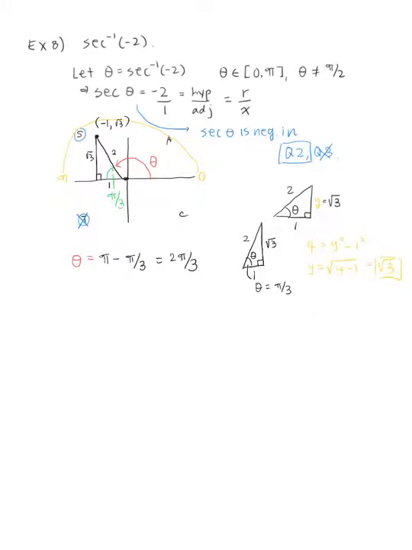Okay, now is 2 pi over 3 inside of 0 to pi? Yes, it is. And this is in 0 to pi. Okay, so we are good to go. So therefore, secant inverse of -2 is 2 pi over 3. And here you go.